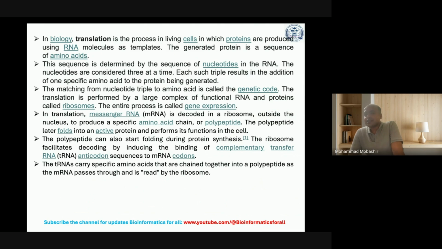During protein synthesis, the ribosome facilitates decoding by inducing the binding of complementary tRNA anticodon sequences to the mRNA codons. The transfer RNAs carry specific amino acids that are chained together into a polypeptide as the mRNA passes through and is read by the ribosome.